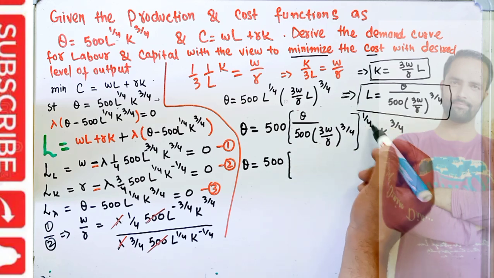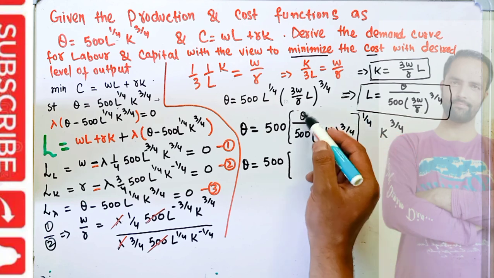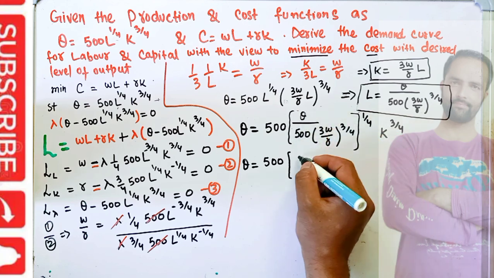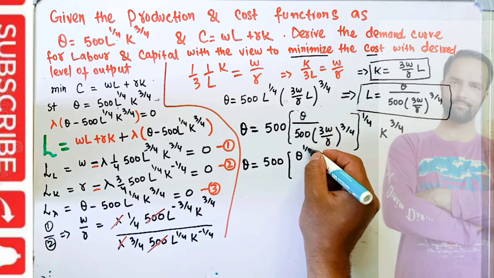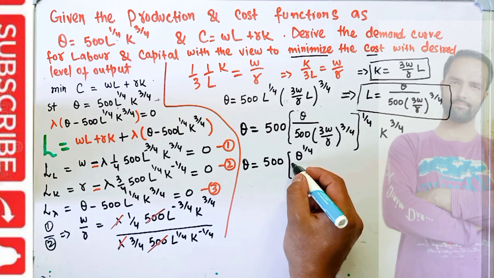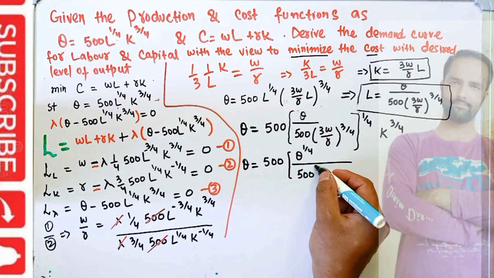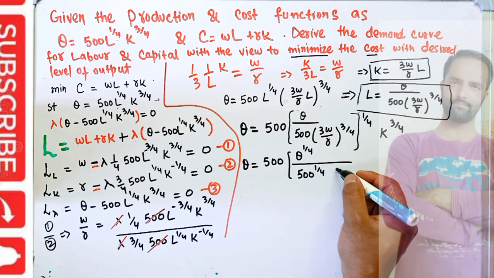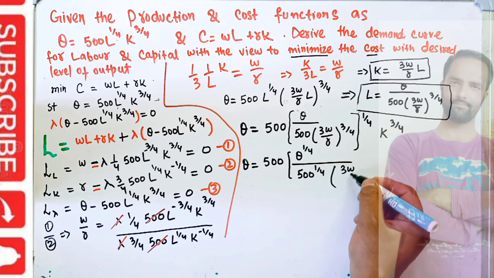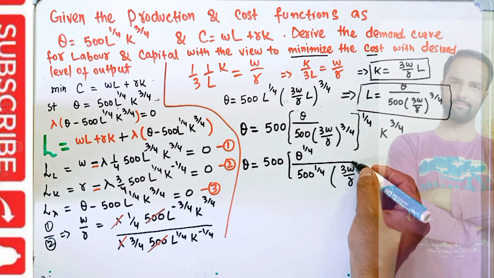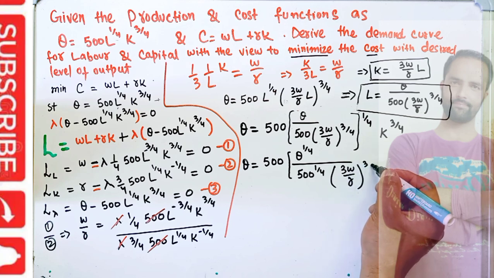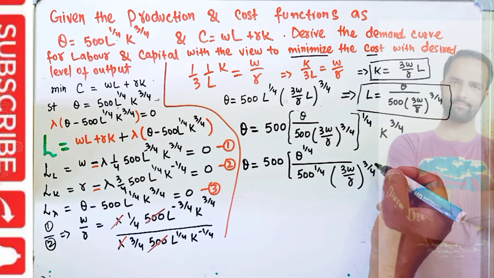Let's expand this again. This 1/4 will apply to each of these terms. So we have Q^(1/4), then 500^(1/4), then (3W/R) to the power 3/4 into 1/4.